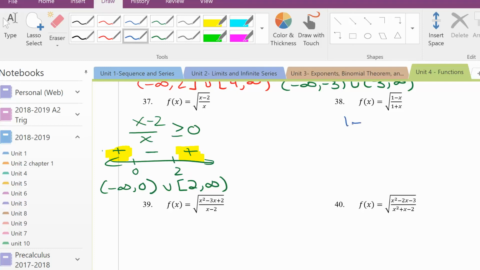38 is the same way. So the critical numbers here, the numbers that make it 0, are -1 and 1.